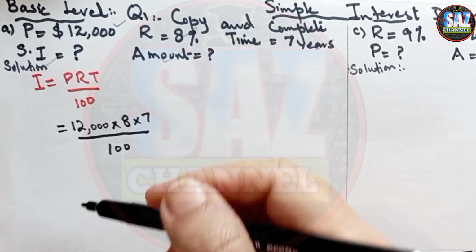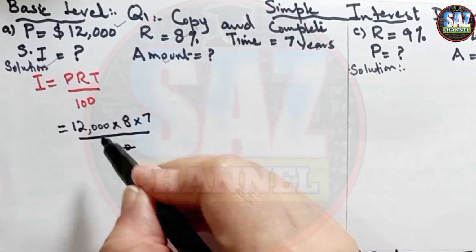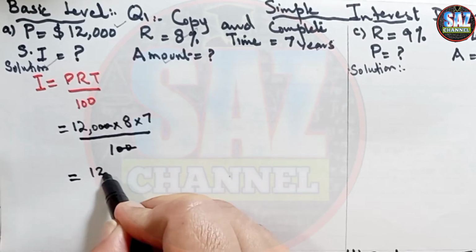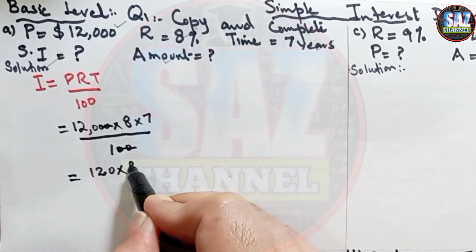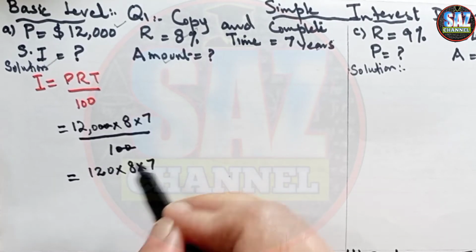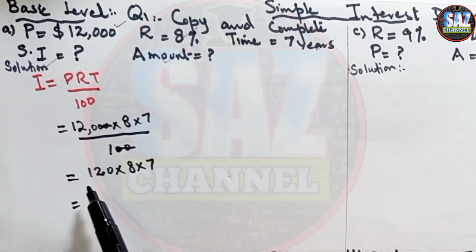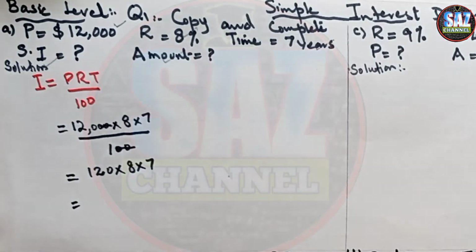Now, learn to make your calculation easy. These two zeros can go with these two zeros and I will be left with 120 multiplied by 8 multiplied by 7. Maybe the question can come in paper 1. So, 12 multiplied by 8, 12 8s are 96.